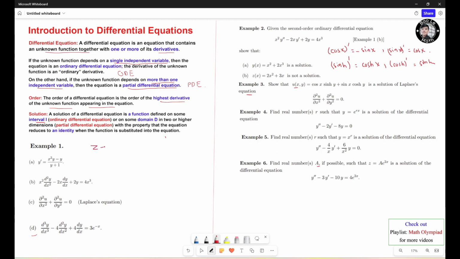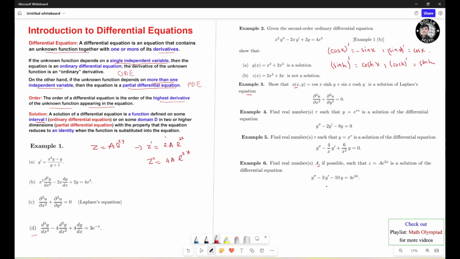So z equal a times e to the 2s. Now we have z prime, it should be equal to 2a times e to the 2s. Z double prime equal 4a times e to the 2s.